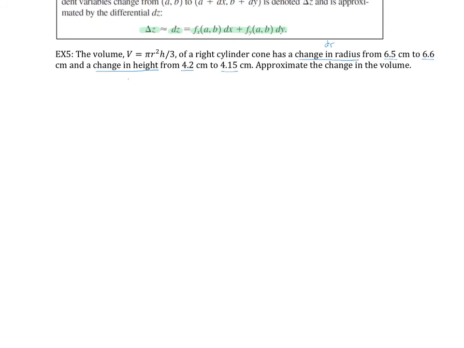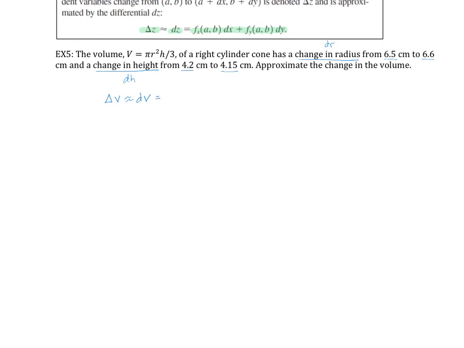That would be our dh. We're supposed to approximate the change in the volume, but we know that it's approximately equal to the differential of the volume.